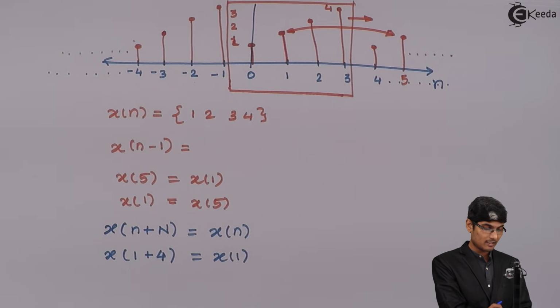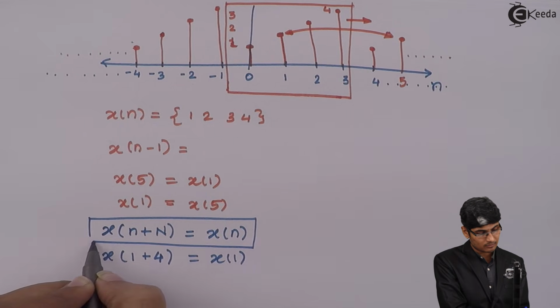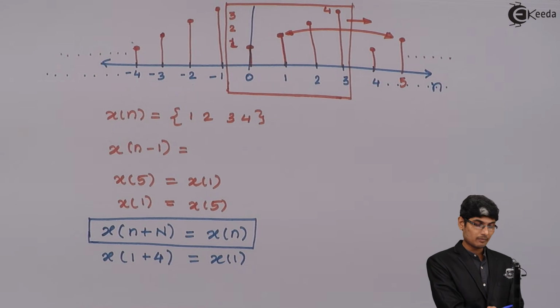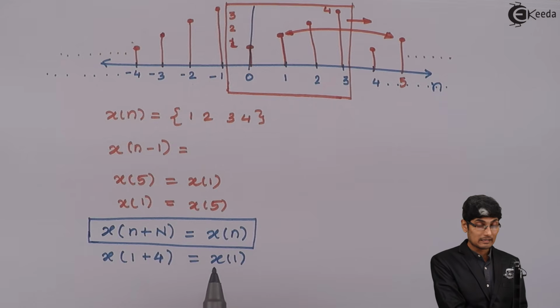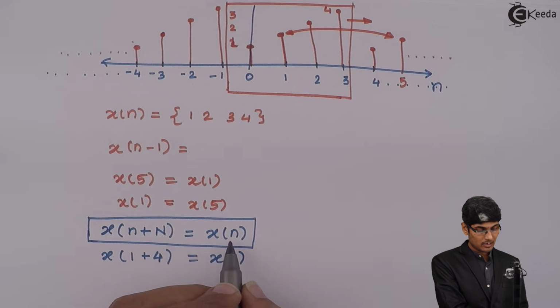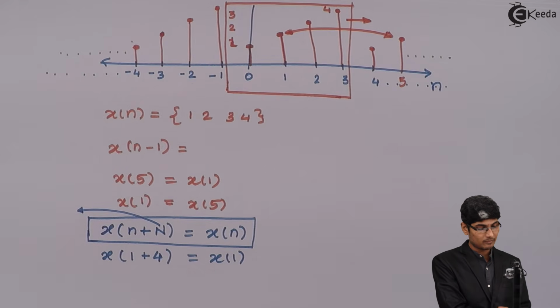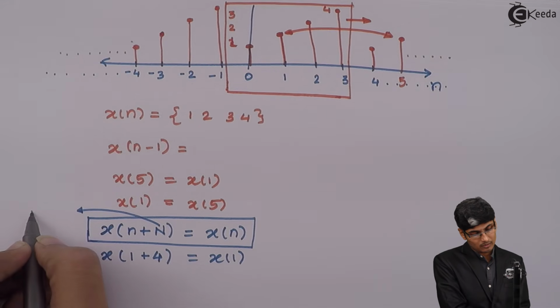So when I say a signal is periodic, it should satisfy this condition. Every discrete periodic signal will satisfy this condition, that is x of n plus capital N is equal to x of n, where this capital N is nothing but your period.